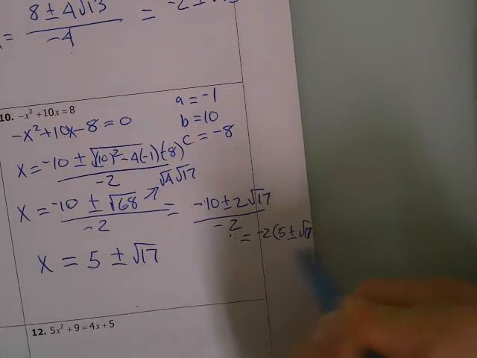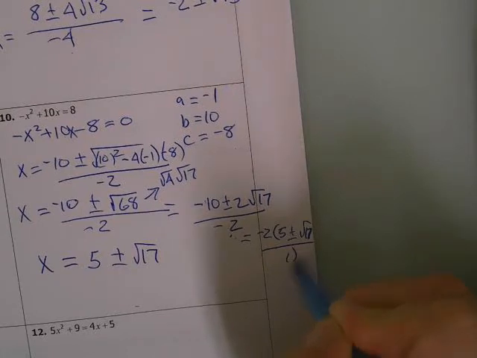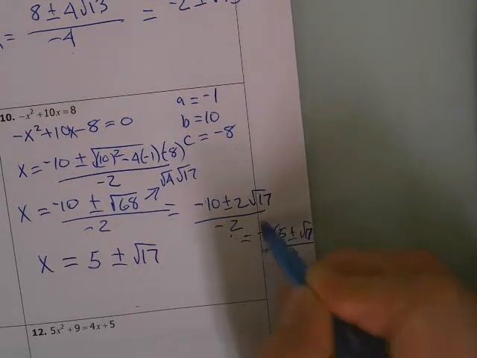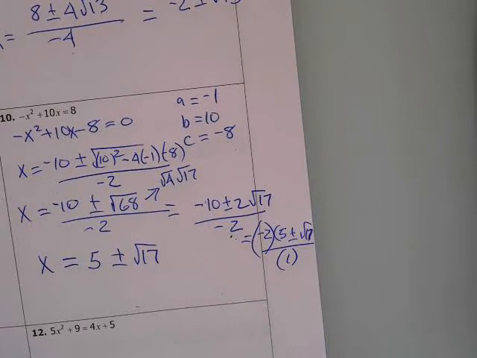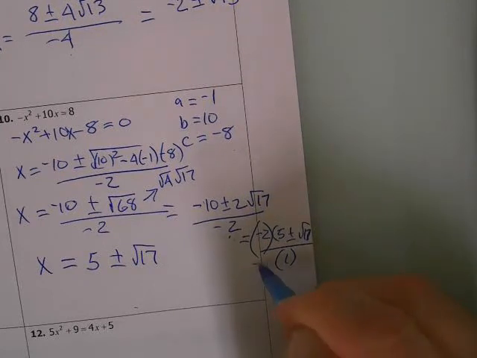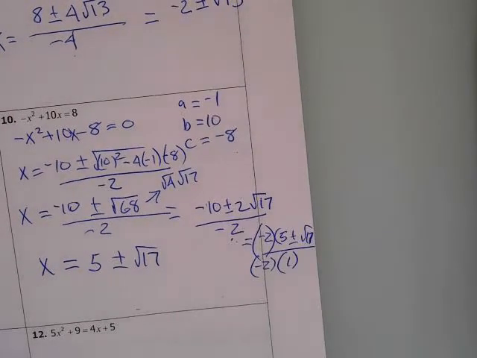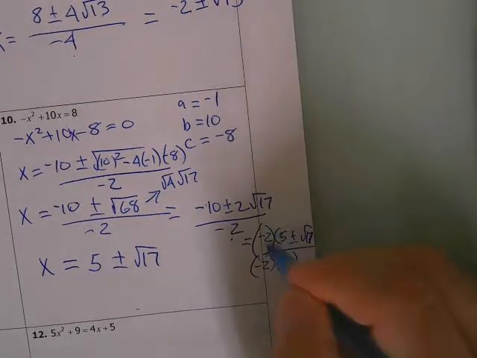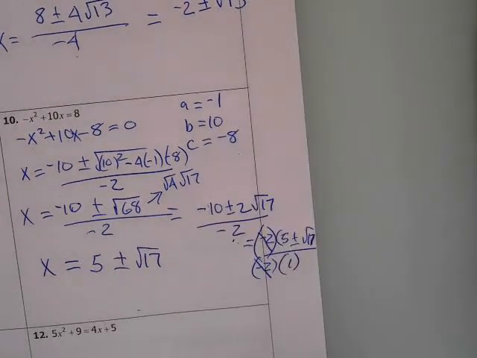Ran out of room there. All over 1. So, it is not, because negative 2 over negative 2 is just equal to 1.